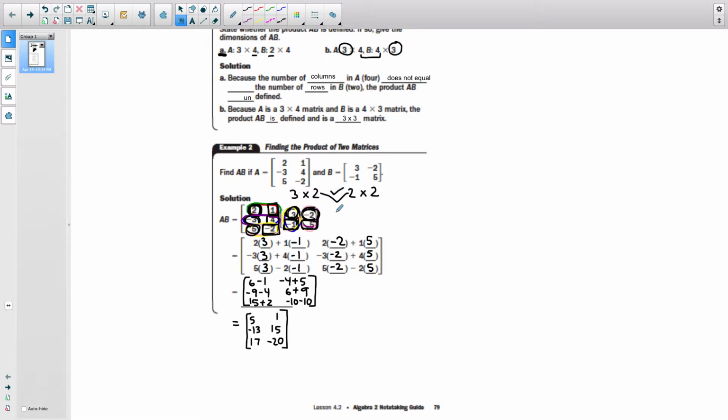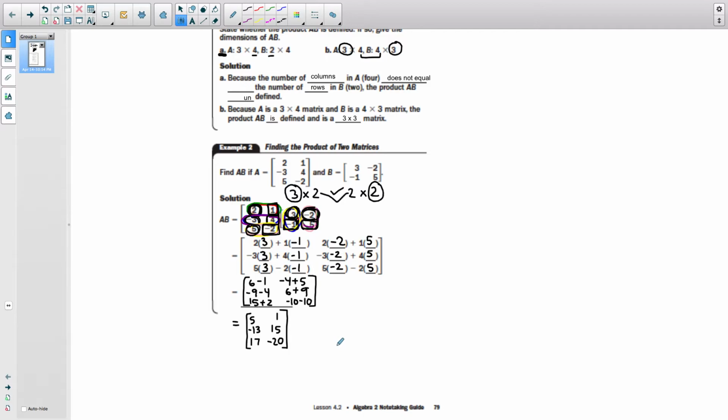So that means I can actually multiply those two. And then my final answer should be a 3 row by 2 column matrix. And it is. So I have 3 rows, 2 columns. So, yep. Granted that all my math is correct, I did it right.